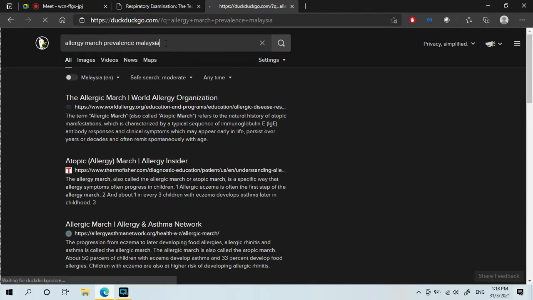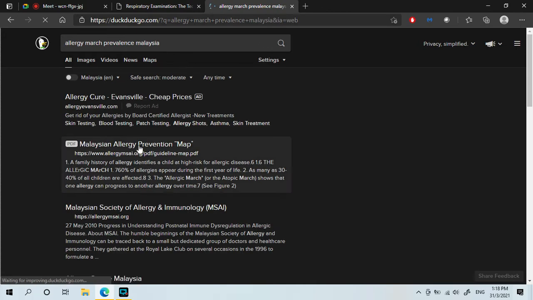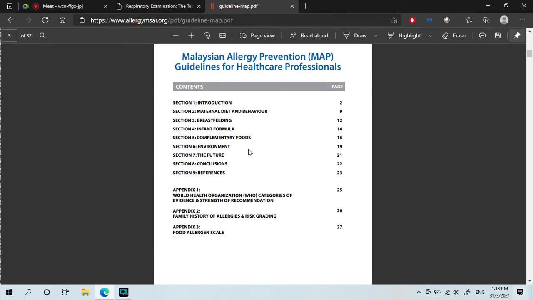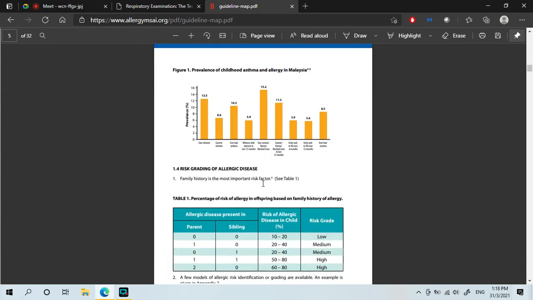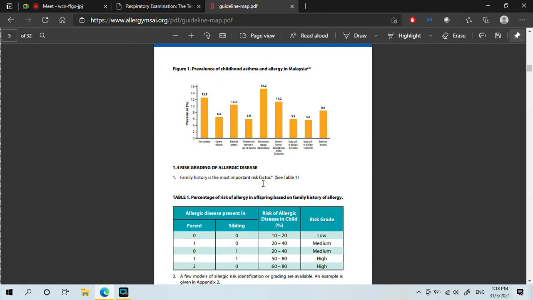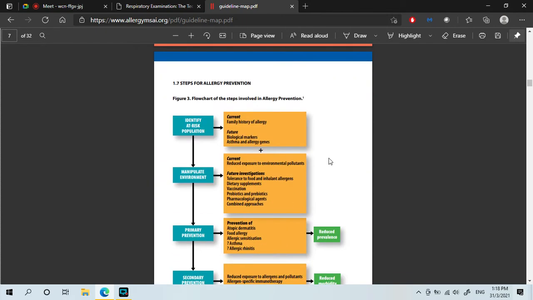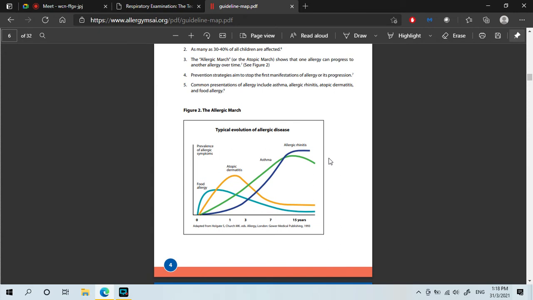Number 2, it is a first episode, not recurrent episodes, so it's not typical nocturnal cough and everything. If it's first episode in a child less than 2 years old, then I would expect bronchiolitis as one of the differentials. But if it's a 4-year-old, don't label anybody with bronchiolitis because it's not going to happen in a 4-year-old. So that's it then.